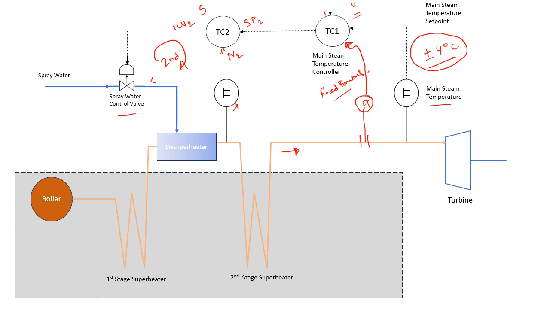And the primary loop constitutes the main steam temperature and the controller. The primary controller can get additional information from the flow transmitter, main steam flow, and that can act as a feed forward to it.